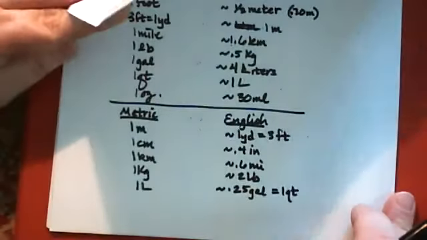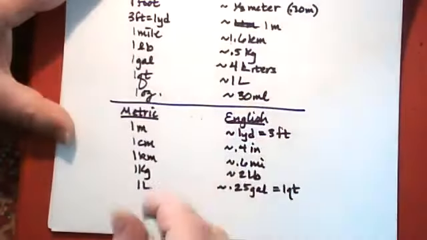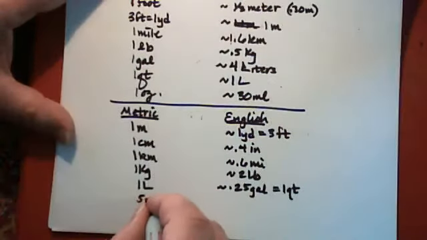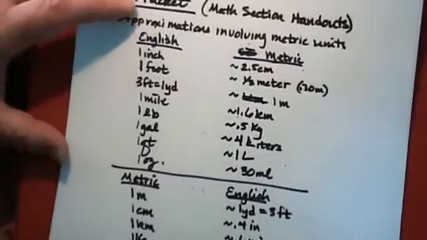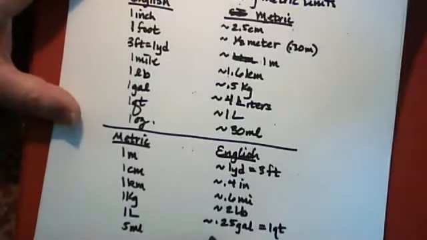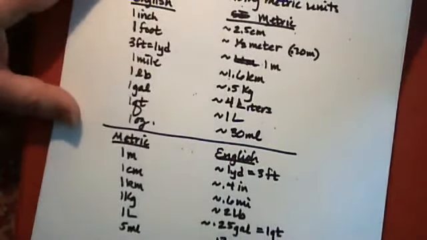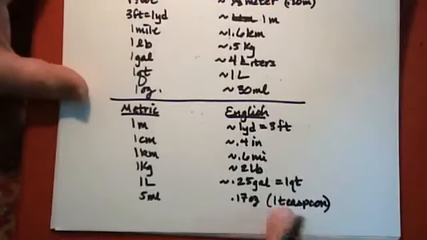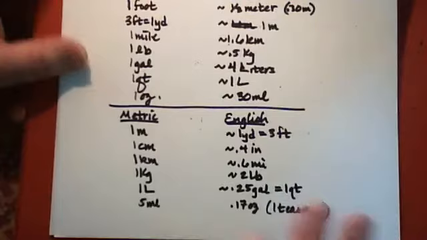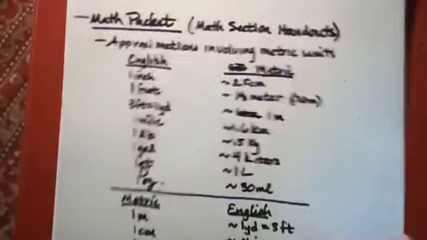Okay, so a liter is about a quart. 5 milliliters is equivalent to 0.17 ounce, which is 1 teaspoon. See, who knew a teaspoon was 0.17 ounce? This is the English system for you. Weird, weird stuff sometimes.